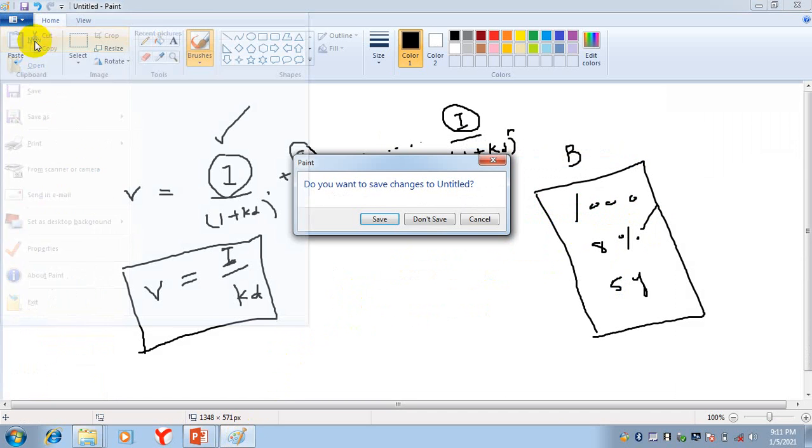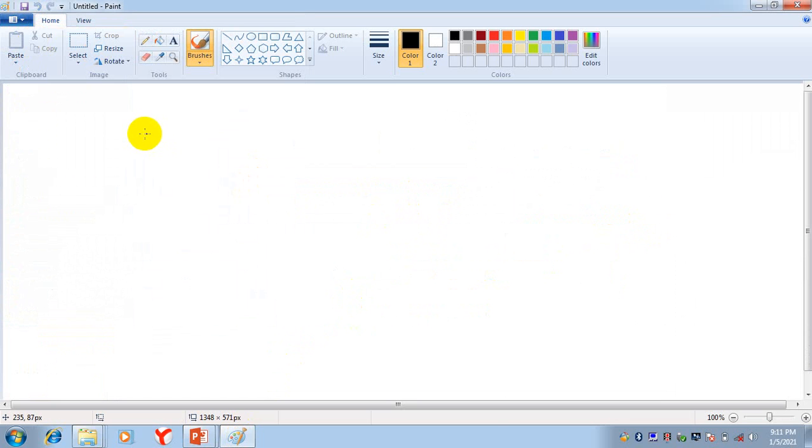First of all, we will calculate the amount of dividend. 100 is the face value and 8% is the dividend rate, so 100 multiplied by 8%, we will receive $8 dividend.